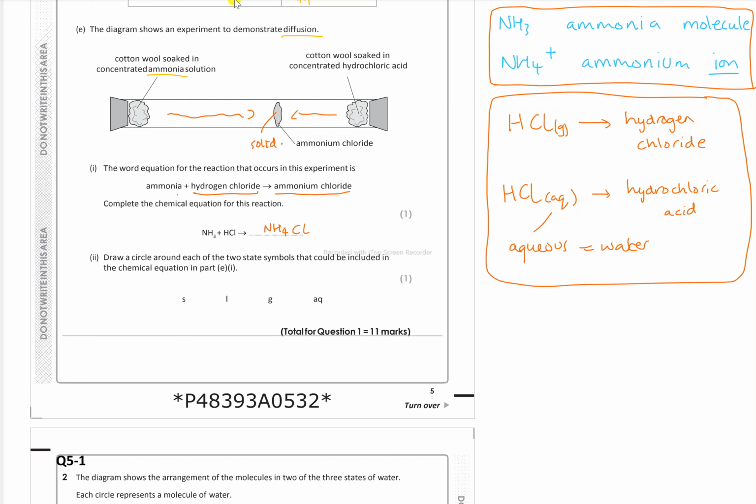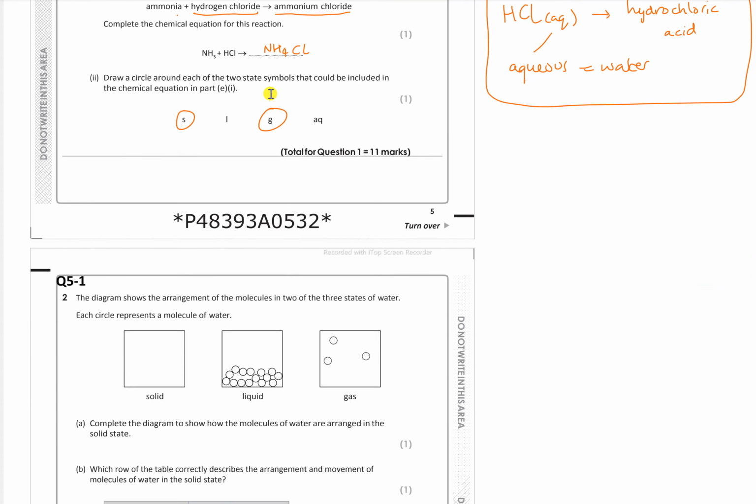So you're going to end up with a solid and two gaseous states, because the vapor that's going across, you could argue that's soaked in liquid ammonium, but that's not what they want.